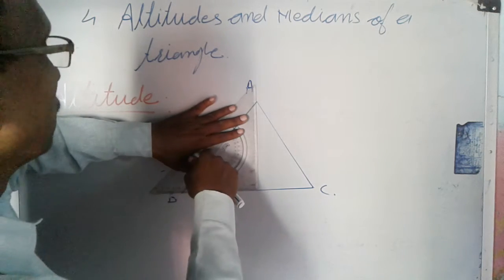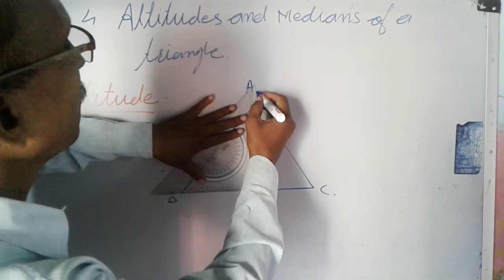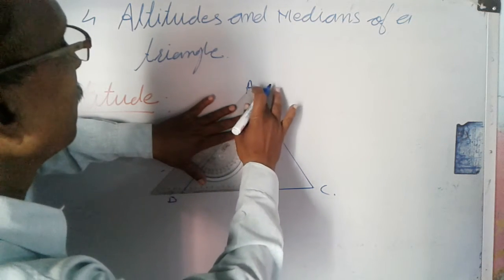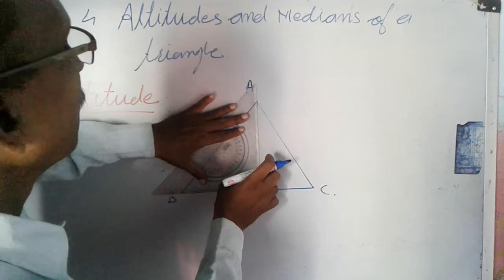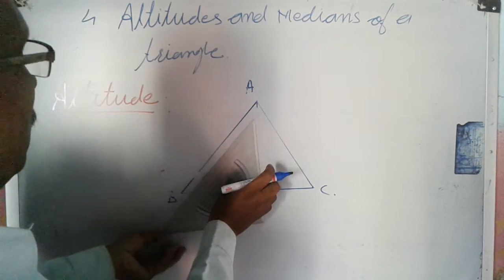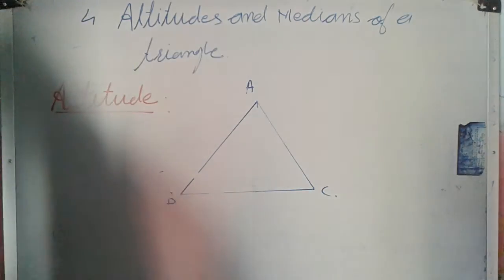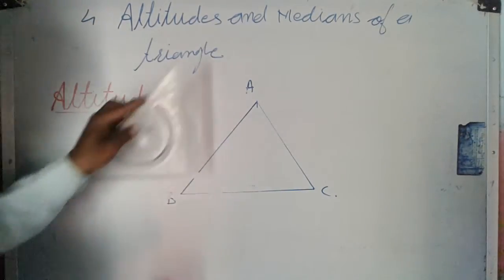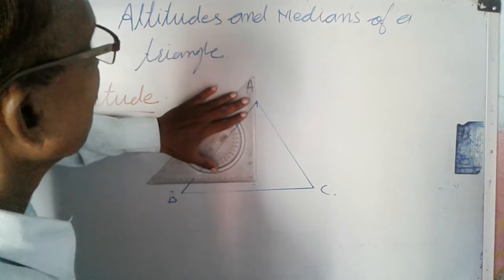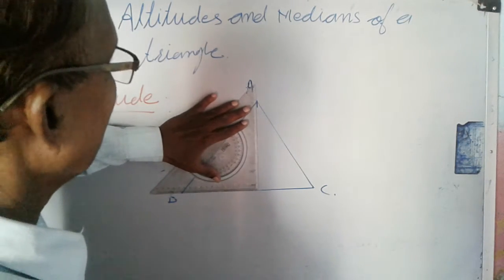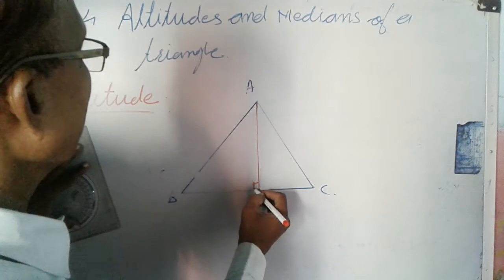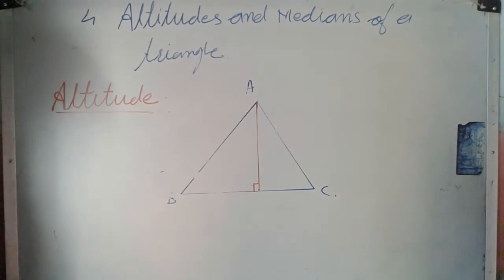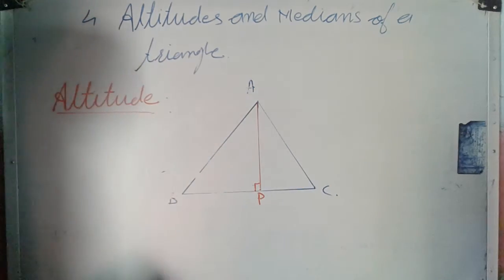And then draw. This is one altitude. Suppose AP is an altitude.